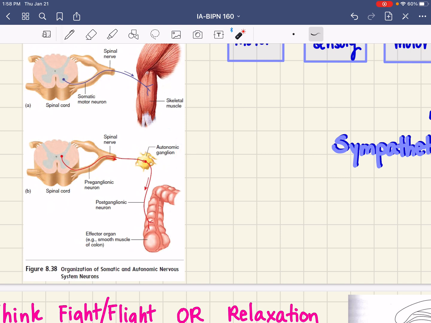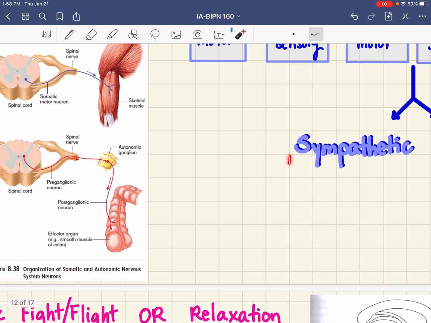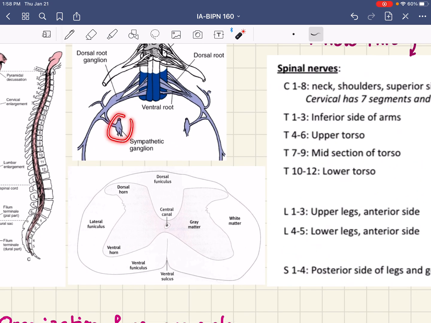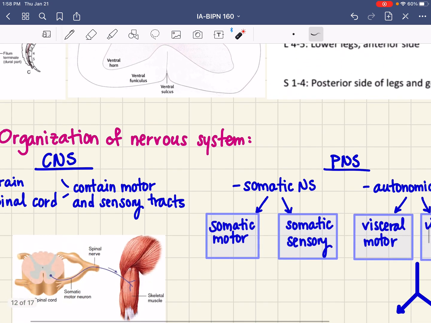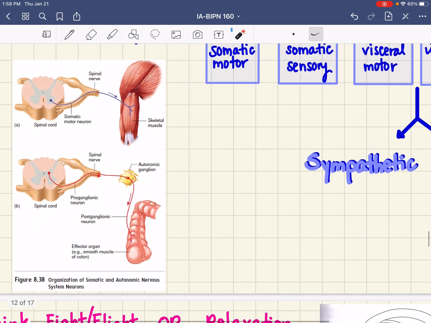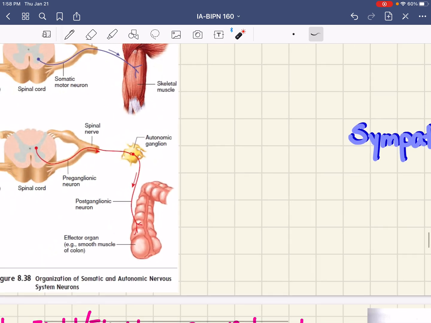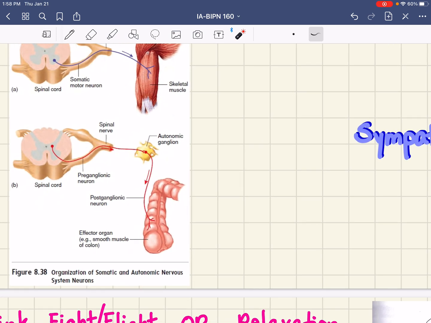So if we are talking about the sympathetic nervous system, then the sympathetic ganglion, which we looked at over here, if you remember this thing, is right next to the spinal cord, and that is where this synapse of the pre- and postganglionic neurons happens. But if we're talking about the parasympathetic nervous system, then the ganglion is going to be in a place that is much closer to the organ of innervation.